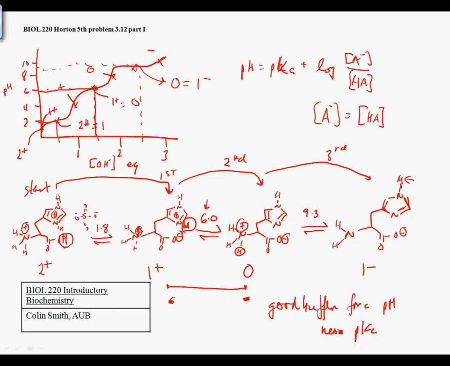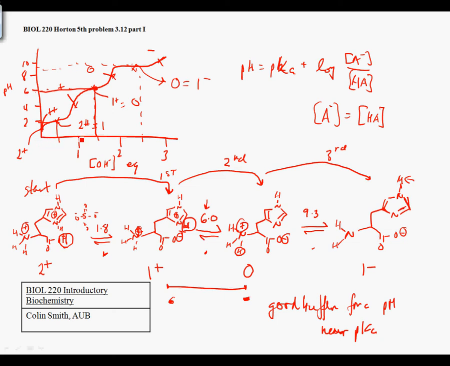In this case, we have 3 pKa's. So histidine would be a perfectly fine buffer at pH 1.8 or pH 6.0 or pH 9.3. It would be a very bad buffer when it's fully protonated, so at a pH well below, let's say, pH 1.